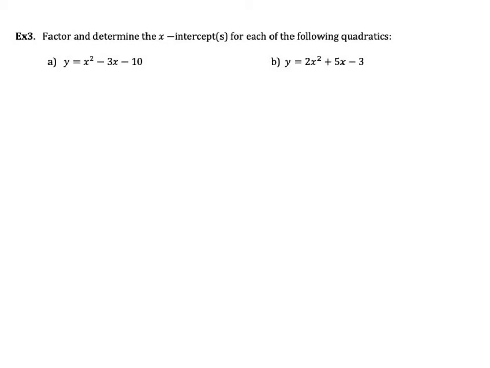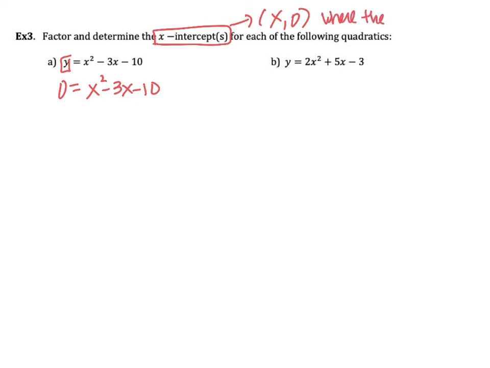So why would we factor? When would we need to do this? Well, if we're trying to find the x-intercepts, that's when the y value is 0. So that means we're going to set y equal to 0, and then we need to solve for x. So the x-intercepts, remember, are where the graph crosses the x-axis.